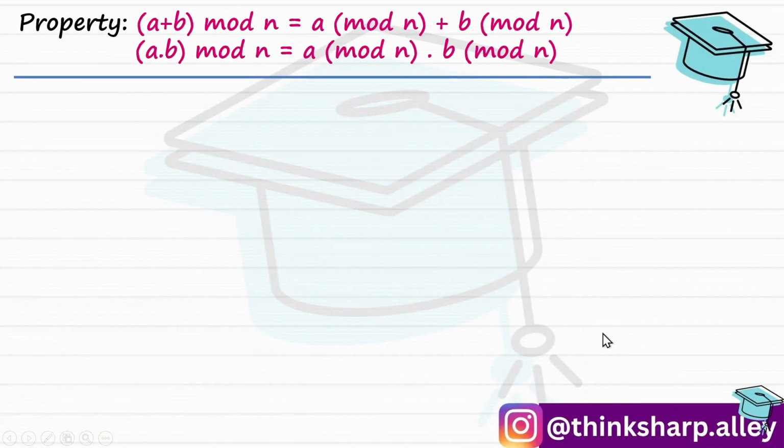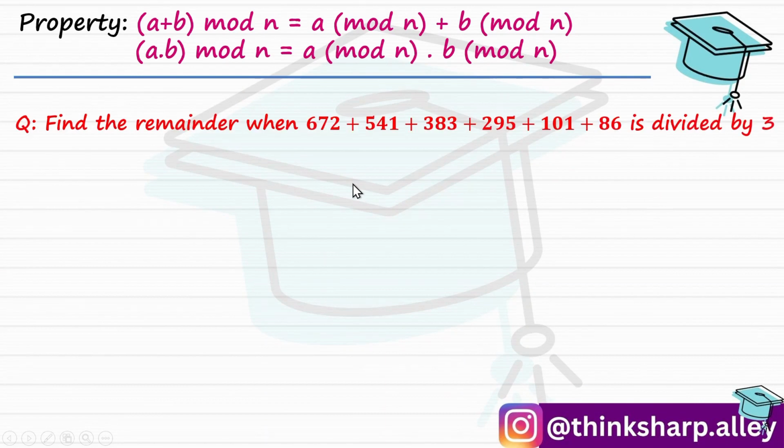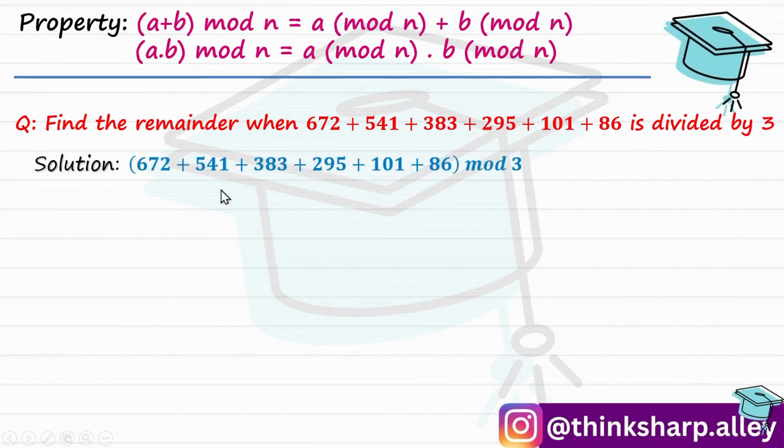Now let's see how these properties actually help us solve big questions without long calculations. So let us see the first question. Find the remainder when the sum of these numbers is divided by 3. Which means we have to find the sum of these modulo 3. But we are not going to add these big numbers.